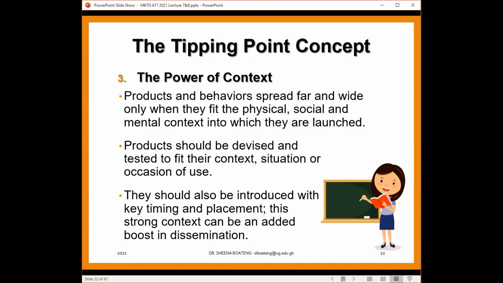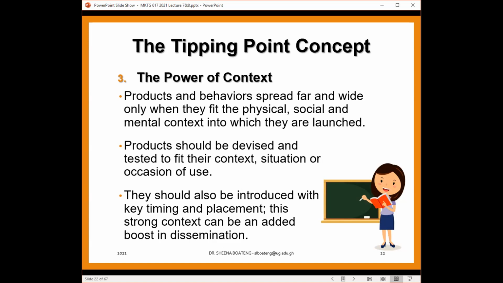So the online tourism platform was designed to mimic the physical context which it was designed to represent by way of tourism. And we as e-marketers also need to realize that with regard to the power of context, we should always introduce products with key timing and placement. Because if the product is not introduced with the right timing and at the right place, it can severely hinder the level of dissemination of the product or service that we are trying to sell.